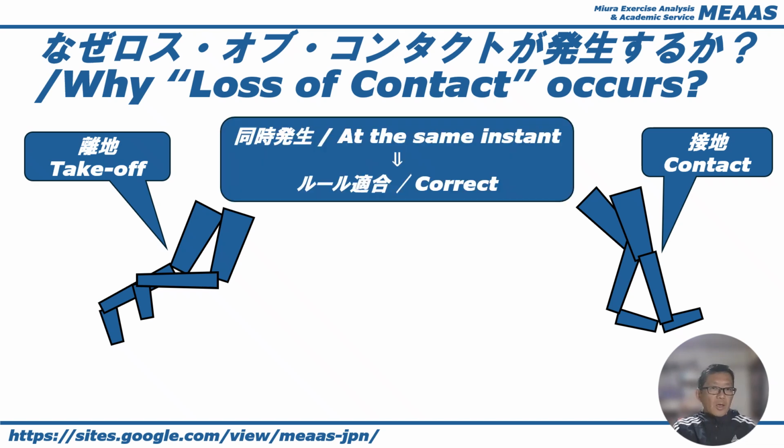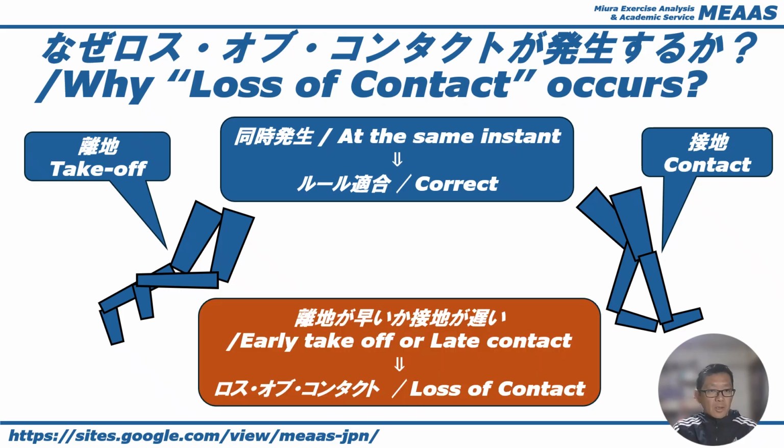If these two, takeoff and contact, occur at the same instant, that technique is correct and consistent with the technical rule. But with early takeoff or late contact, there will be a time lag between takeoff and contact. So this is the occurrence of loss of contact.